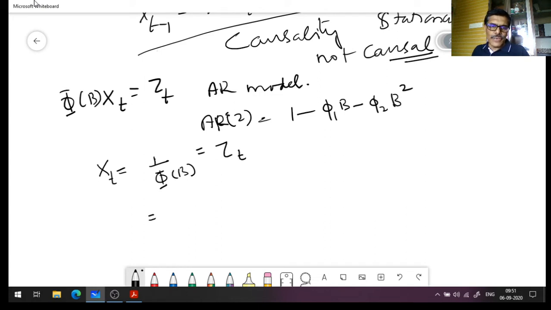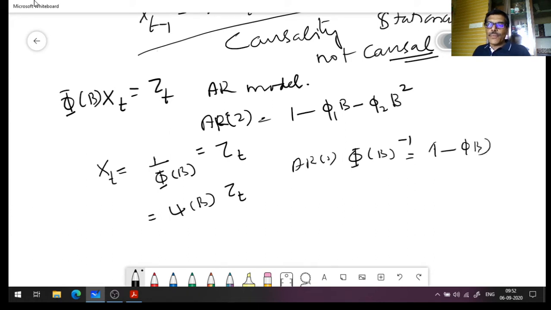If we denote this by some psi B, this psi B should be such that it is going to be an infinite expansion, because you have the power of minus 1. So phi B to the power of minus 1, for example in the case of AR1, is 1 minus phi B to the power of minus 1.